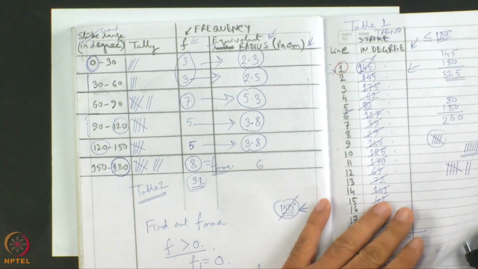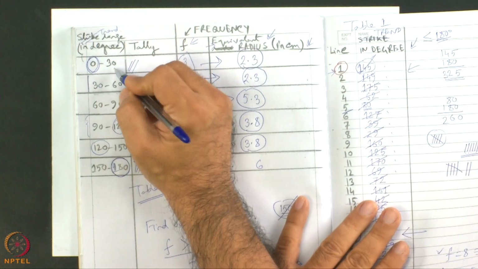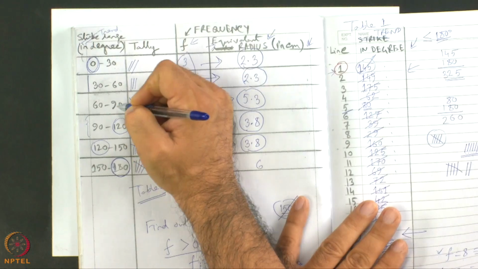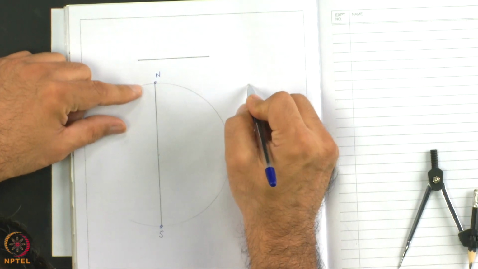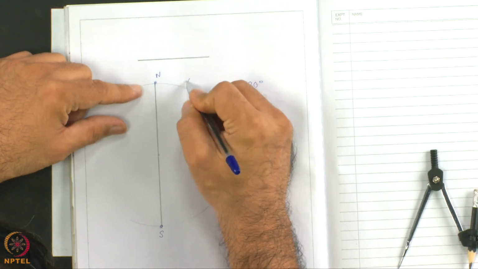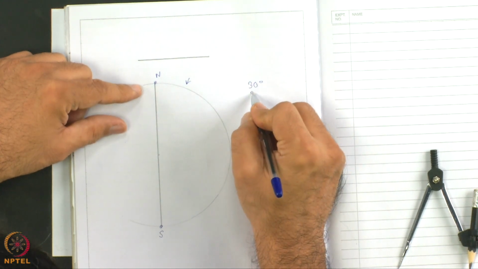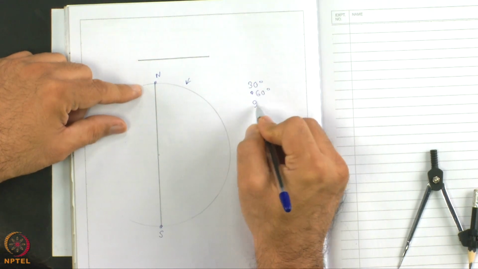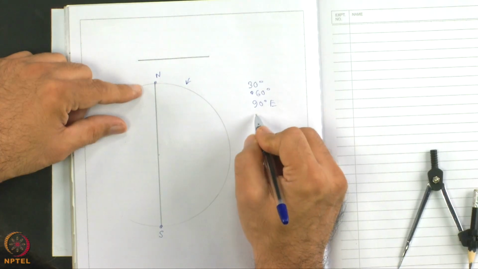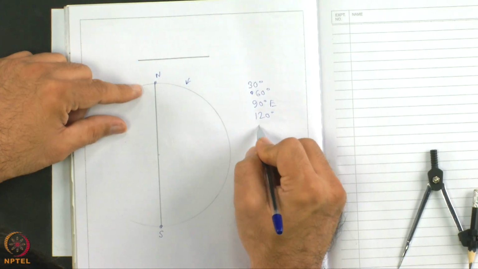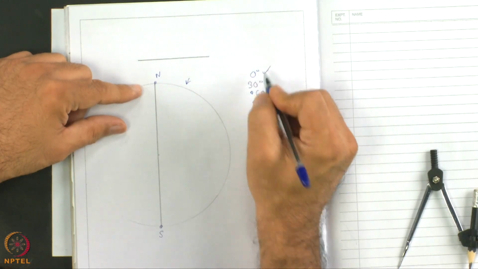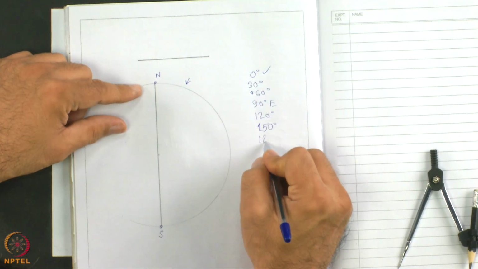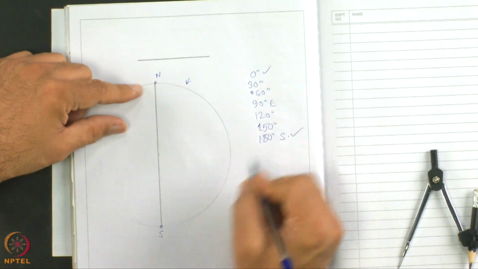Note that the trend ranges we took were 0 to 30, 30 to 60, 60 to 90, etc. Keeping that in mind, I will be marking these angles at the periphery of this half circle: 30 degree, 60 degree, 90 degree which is east, and 120 degree and 150 degree. Of course, 0 degree or north is already marked and south or 180 degree is already marked.